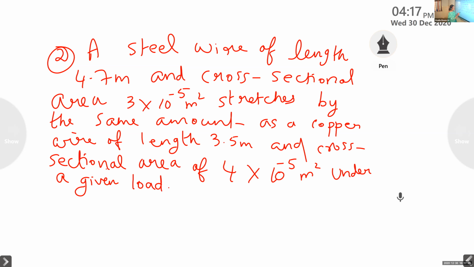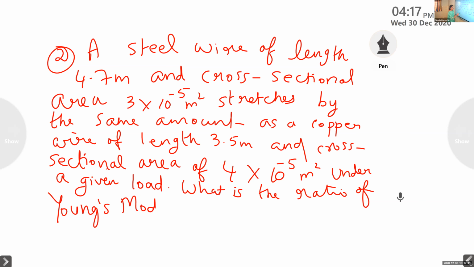What is the ratio of Young's modulus of steel to that of copper?